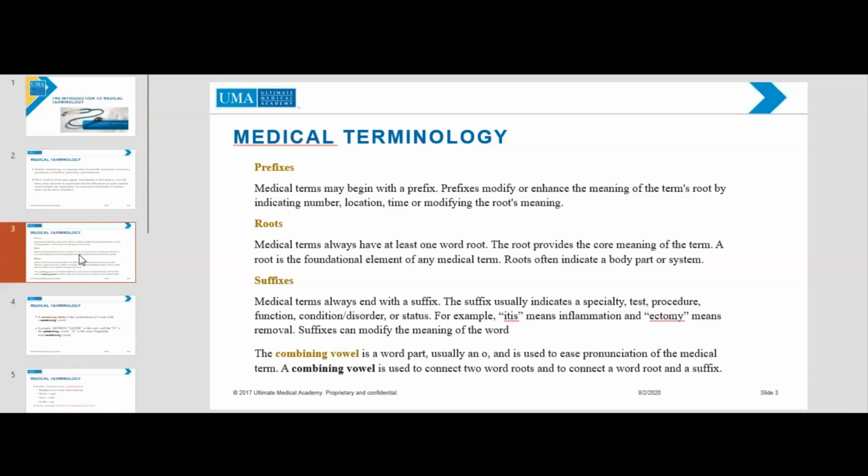A frequently used term in EMS is CPR, which stands for cardiopulmonary resuscitation. When we break it down, cardio is the root word meaning heart, and pulmonary is the root word meaning lungs. By performing CPR, we introduce air into the lungs and circulate blood by compressing the heart to resuscitate the patient. All right, let's go to the next one.